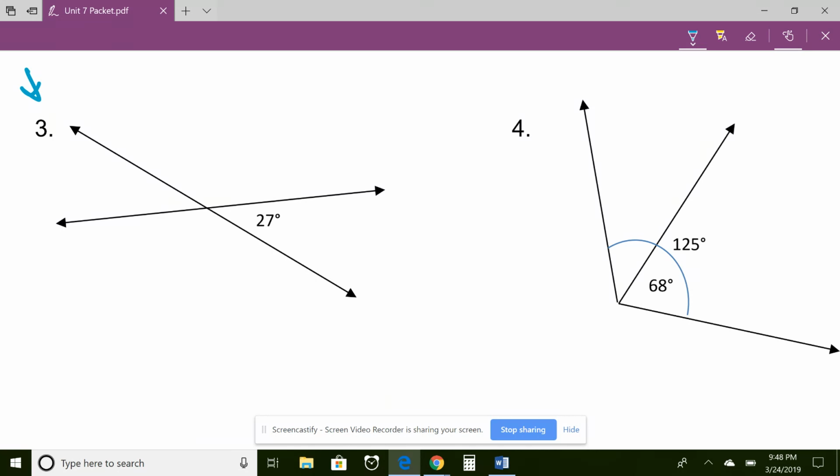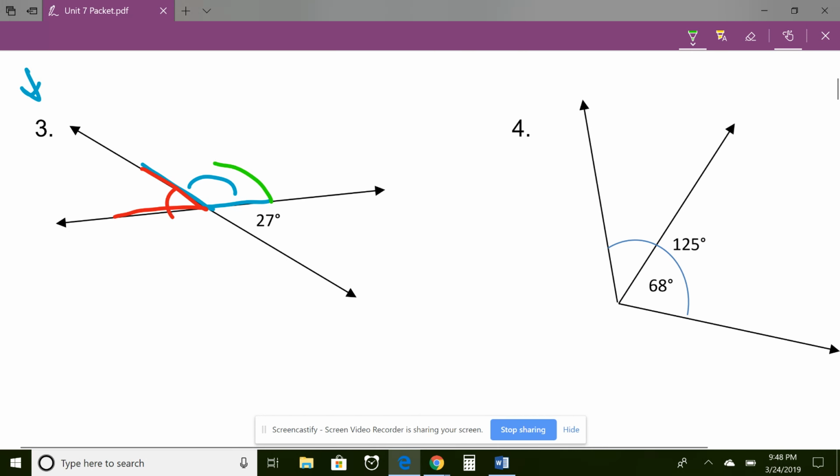A pair of supplementary angles are a pair of angles that form a straight line. So for example, this angle right here and this angle right here, both together form a straight line, meaning that this is 180 degrees. So those are called supplementary angles.